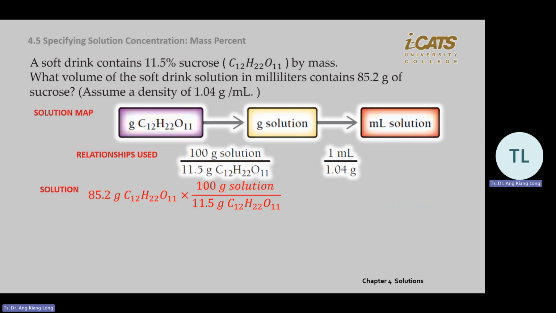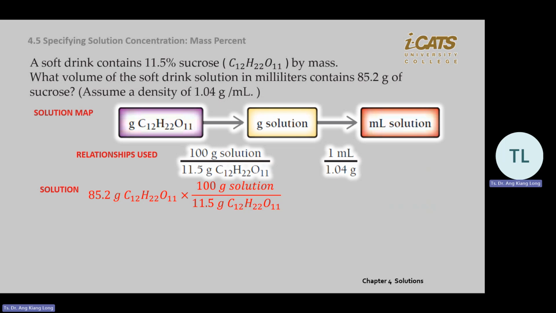Now you're given this question. You want to find how many gram, right? So you want to find the gram, you just cross multiply, right? So to find the gram, y multiplied by 11.5 gram equals 100 gram multiplied by 85.2 gram.